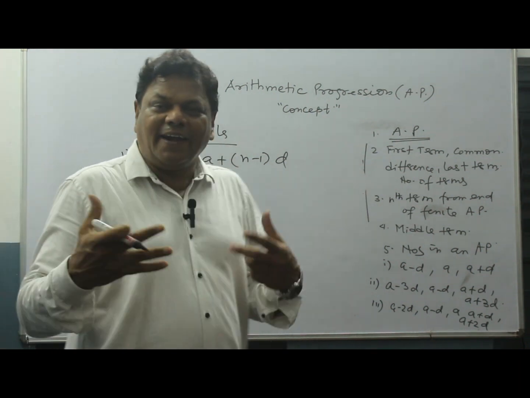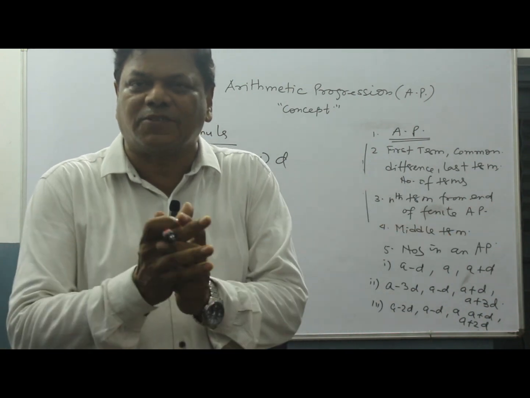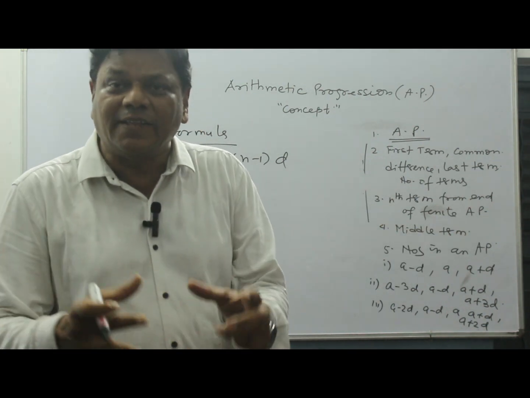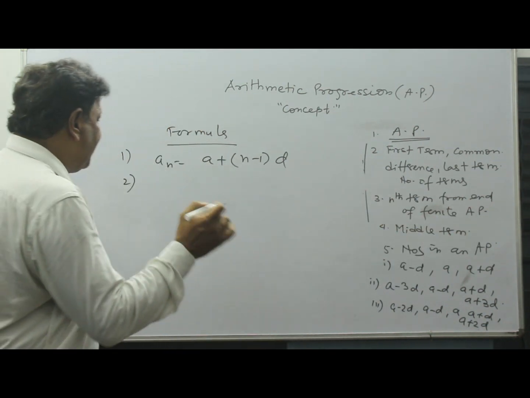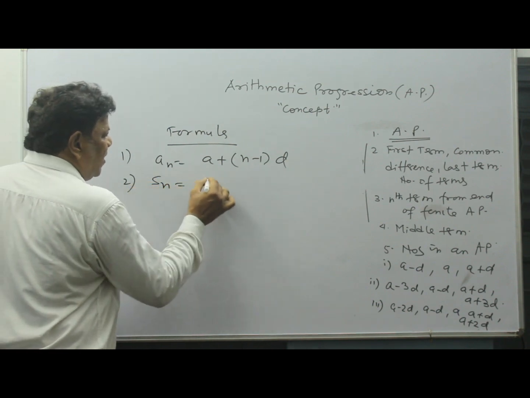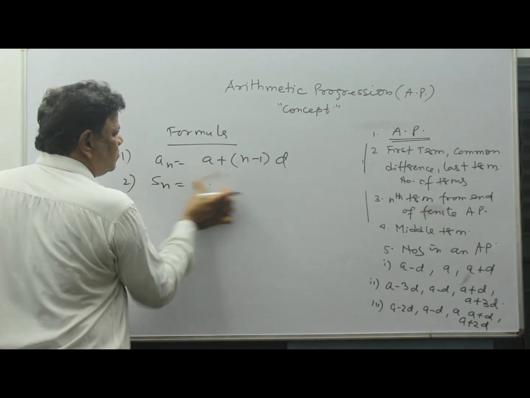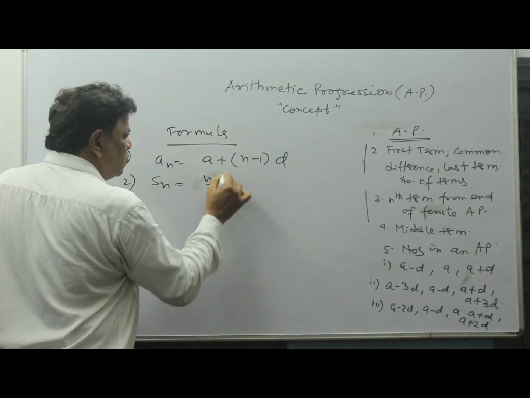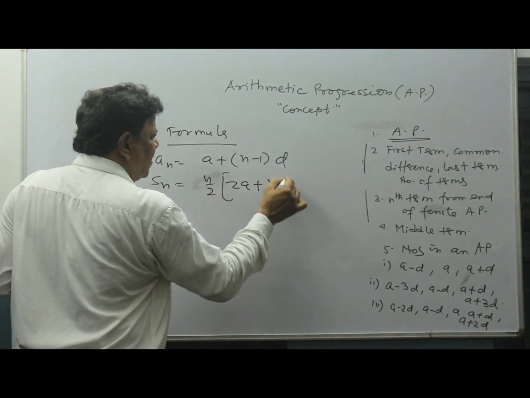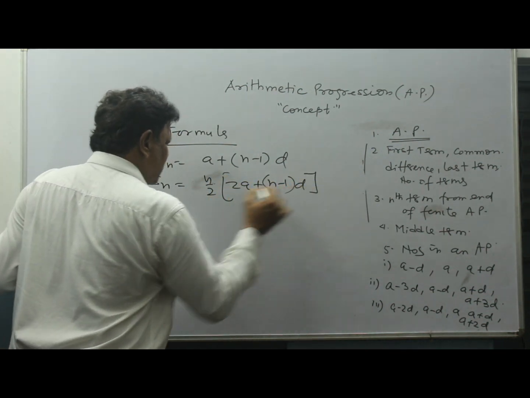Now later we will understand the sum of terms, not now but later on. What is the sum of terms formula? That is Sn equals n by 2 into (2a plus (n minus 1) d).